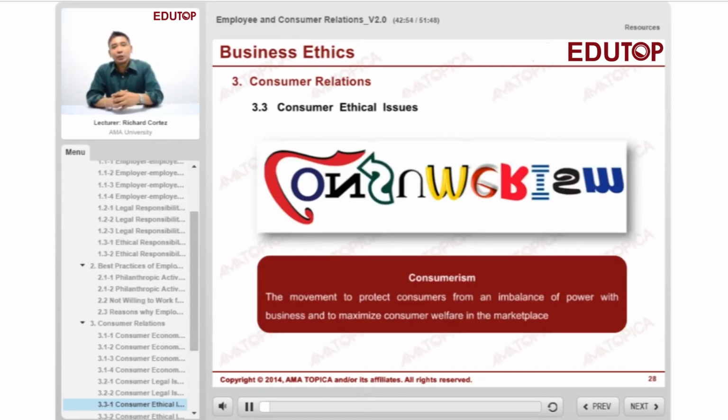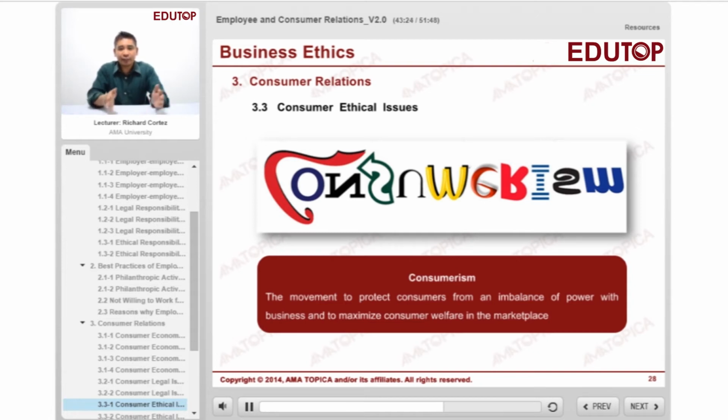3.3 talks about the consumer ethical issues. The word consumerism is the movement to protect consumers from imbalance of power with business and to maximize consumer welfare in the marketplace. Consumers are always right. The customers always have the right. So a consumer movement always protects consumers from businesses that will take advantage or are abusive.